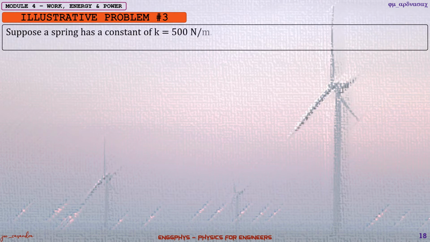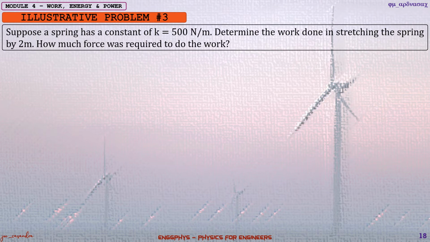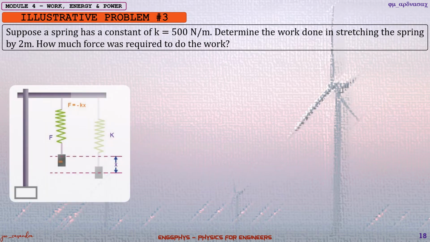Suppose a spring has a constant of K equal to 500 Newton per meter. Determine the work done in stretching the spring by 2 meters. How much force was required to do the work? So let's have this diagram.